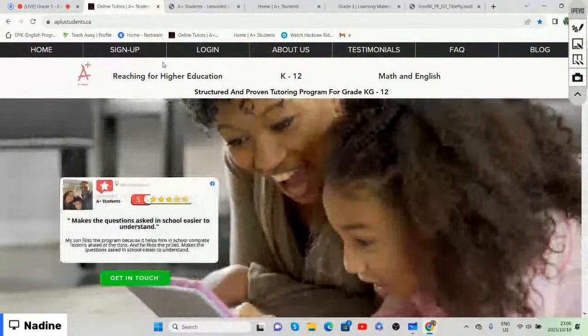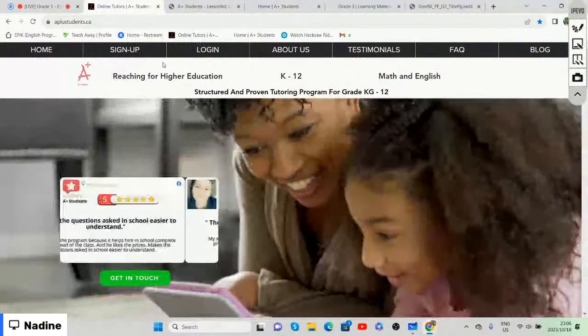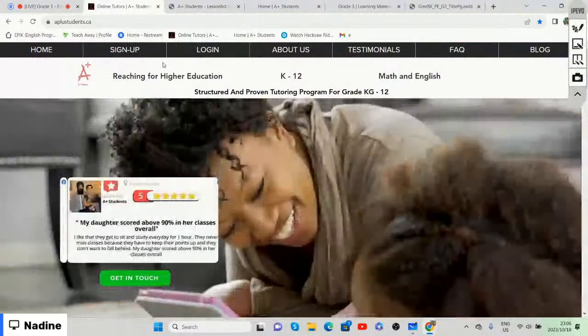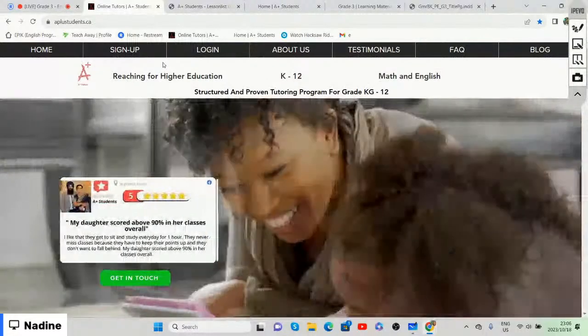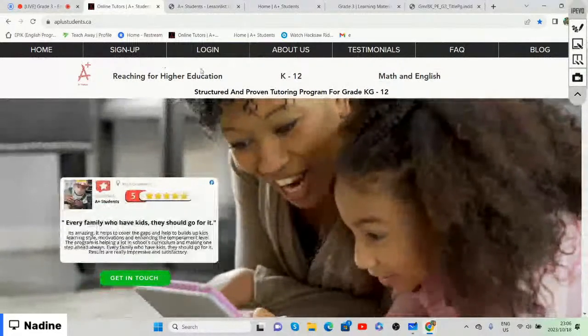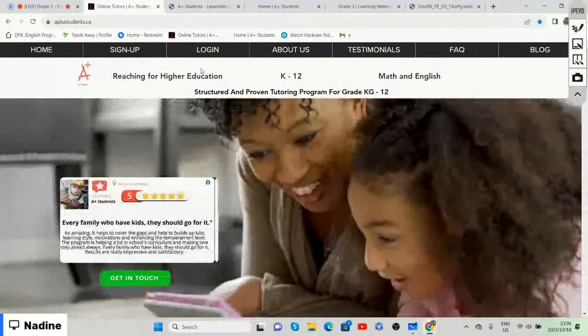Once we've logged into aplusstudents.ca with our username as well as our password, we're going to select the subject of language arts, which is English.